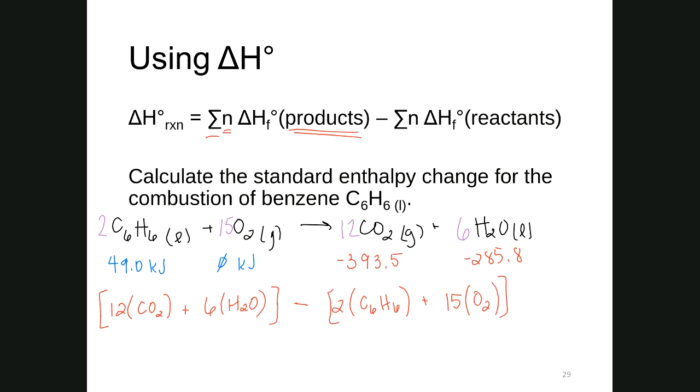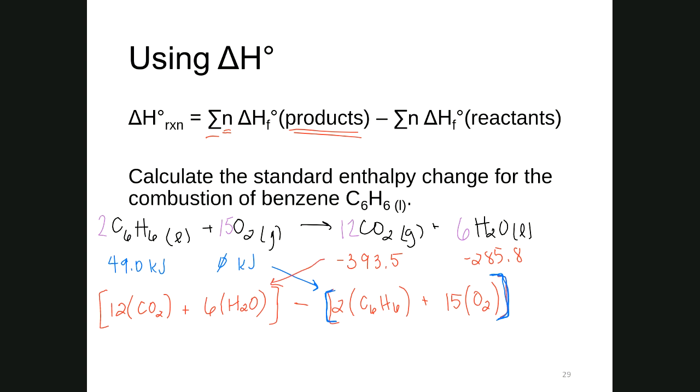And there's my reactants. I meant to keep it color-coded in blue, and I didn't. So we'll just do the brackets in blue so that you can see. This goes here, and these go here.